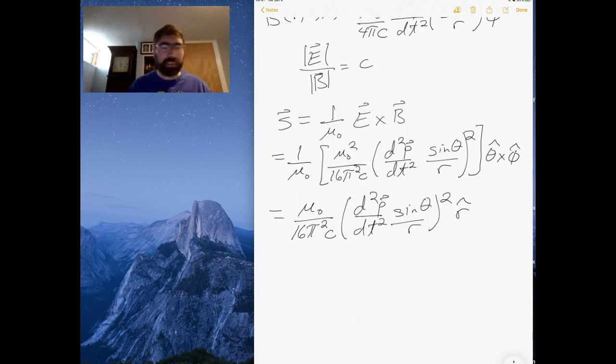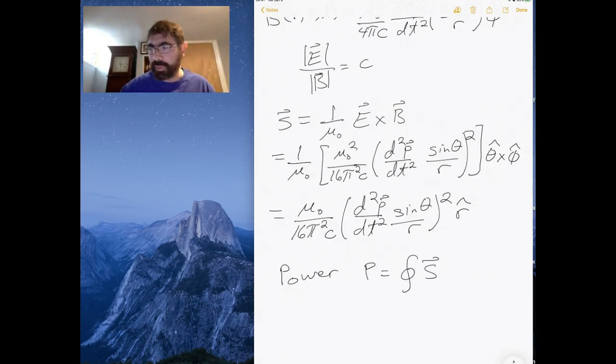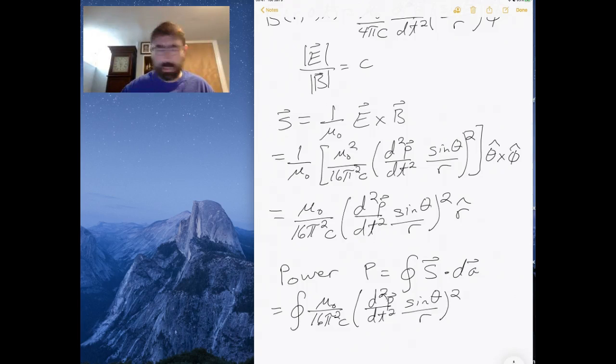Okay, so if we want to now calculate the power, it is the integral of the Poynting vector through a closed surface area, which in this case would give us mu0 over 16 pi squared c, all of this stuff squared, and we would have an r squared sine theta d theta d phi.